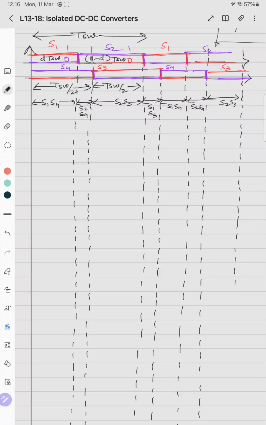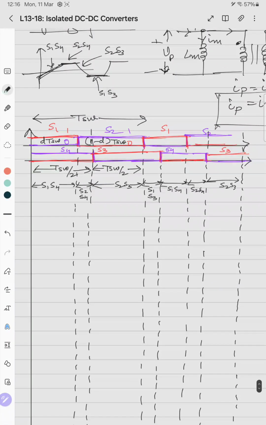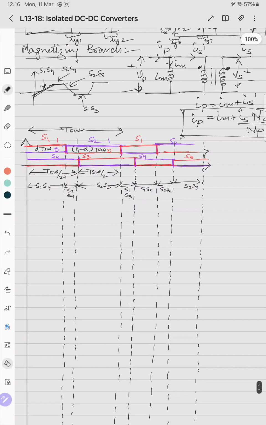So the flux waveform we can directly draw after this waveform, after the switching process. Flux waveform is when S1, S4 is on, the core magnetizes.